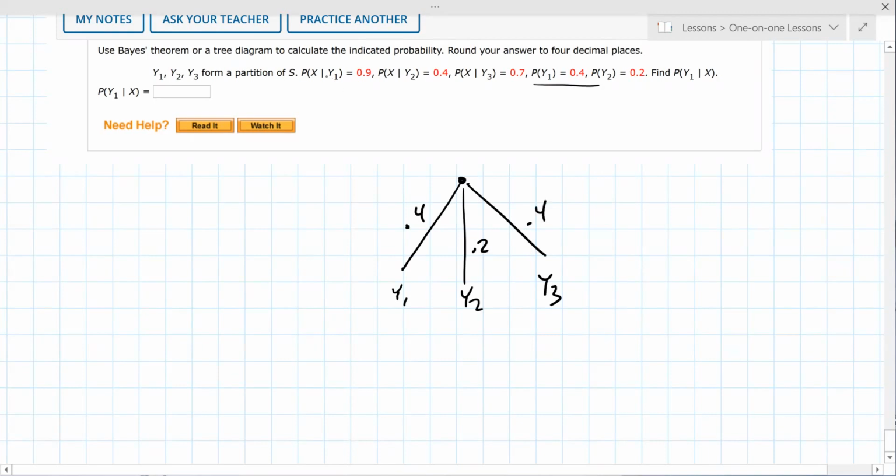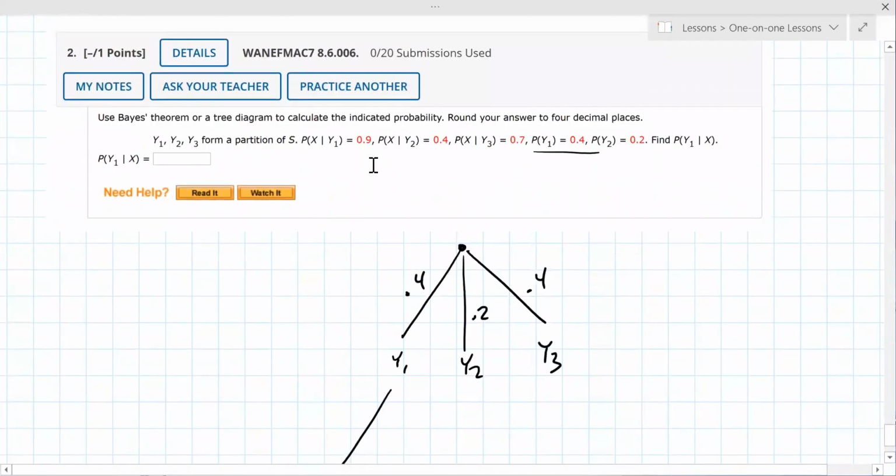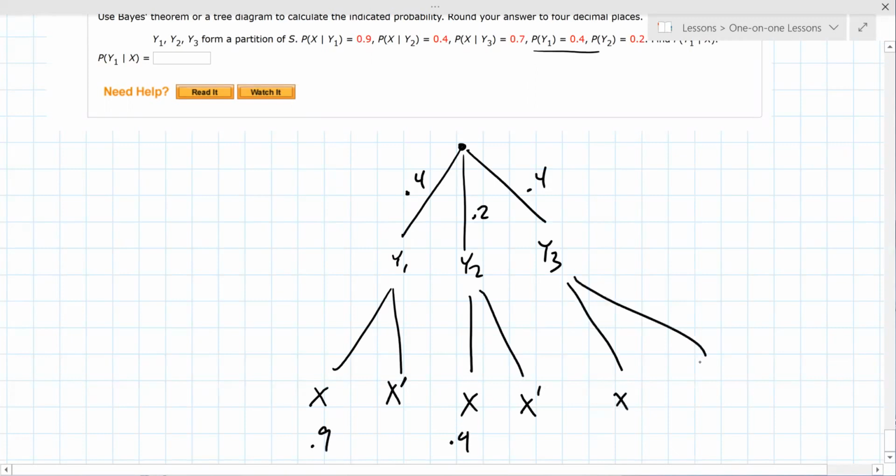Okay, so the y's add up to 1, so that means this one is 0.4 over here. Now x given y1, there's x over here. They're telling you that that is 0.9 according to the values there. They're actually doing a couple of steps here, because there's another path at not x that you don't care about, but the one we do care about here is 0.4, and x, and then not x is 0.7.